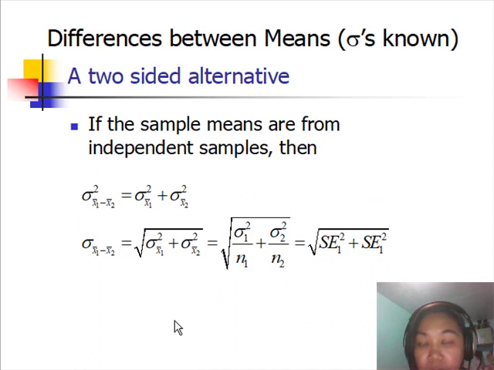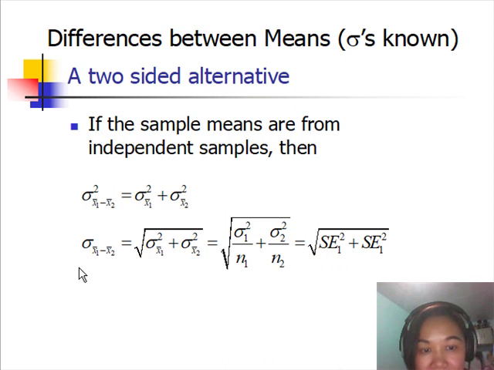If the sample means are from independent samples, then the population variance of your sampling distribution is simply the sum of the individual population variances of the sampling distributions.